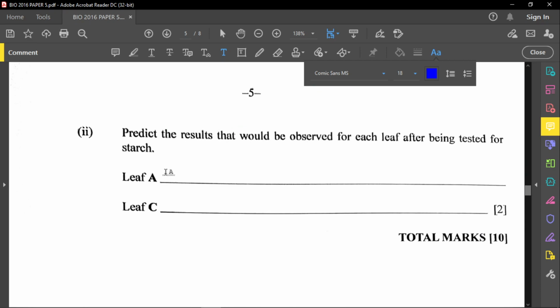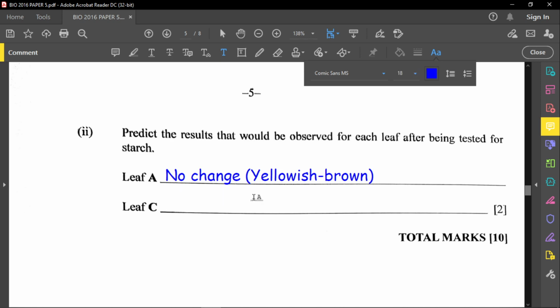Since leaf A was placed in a dark cupboard for the 2 days, no change takes place, because the iodine will remain yellowish brown. So what you see here is a yellowish brown color because that's what the iodine is. You will see no change in color at all.